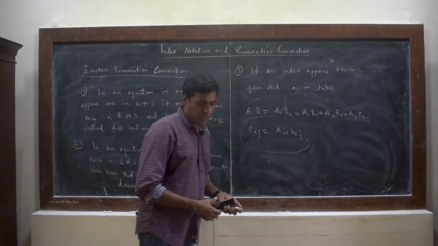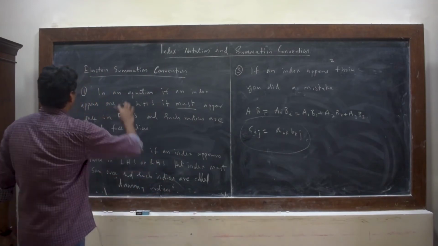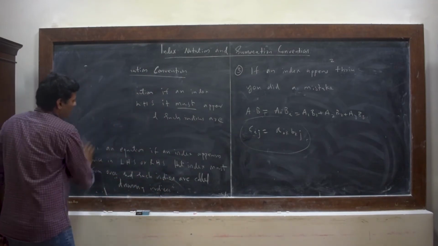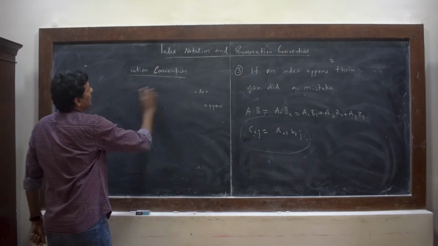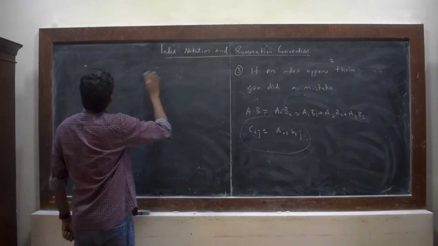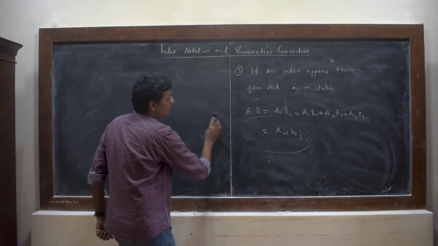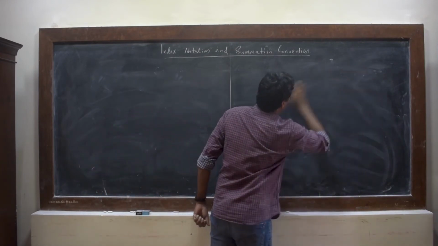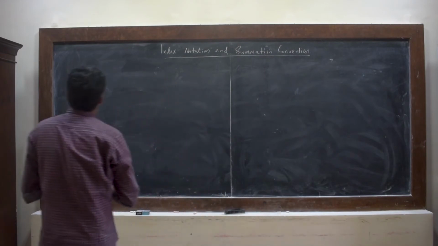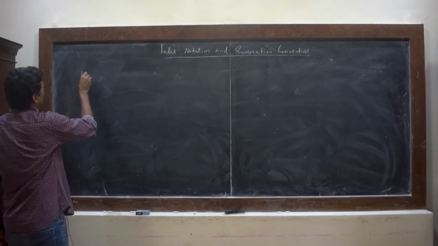Now I need to introduce 2 objects. They are basically isotropic tensors. The first one is the Kronecker delta, and the second one is called the Levi-Civita. First one is the Kronecker delta.